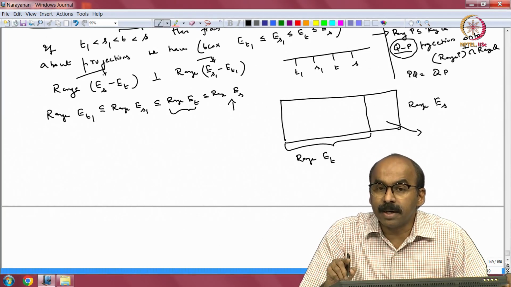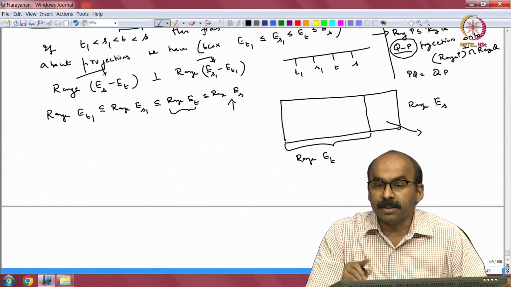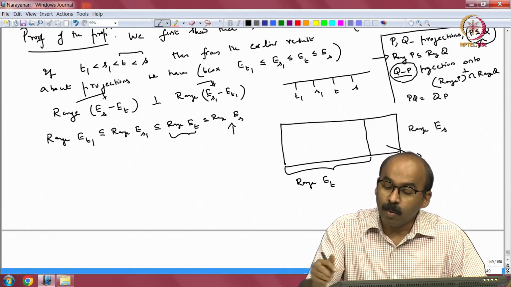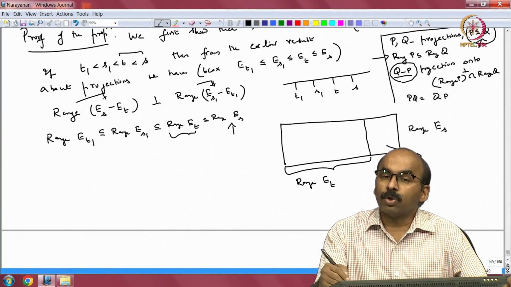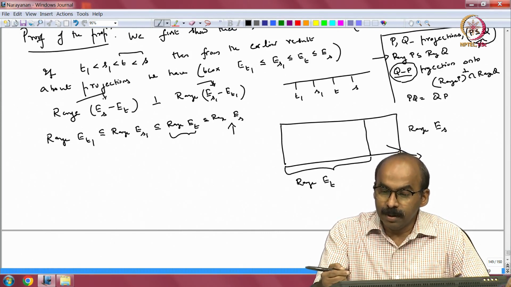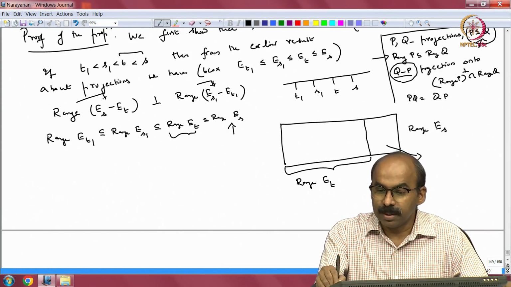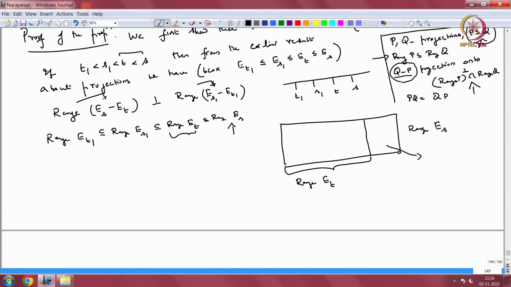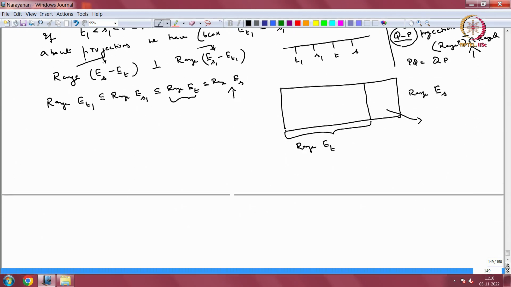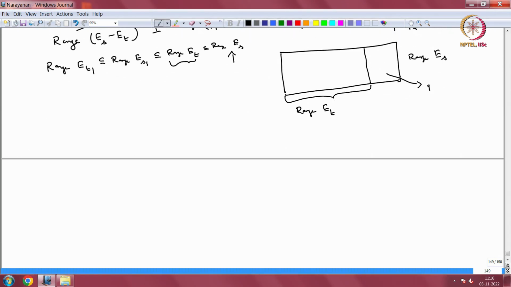What is remaining is the range of the difference E S minus E T, because it is the orthogonal complement of range of E T, but inside range of E S. So this is range of E S minus E T.